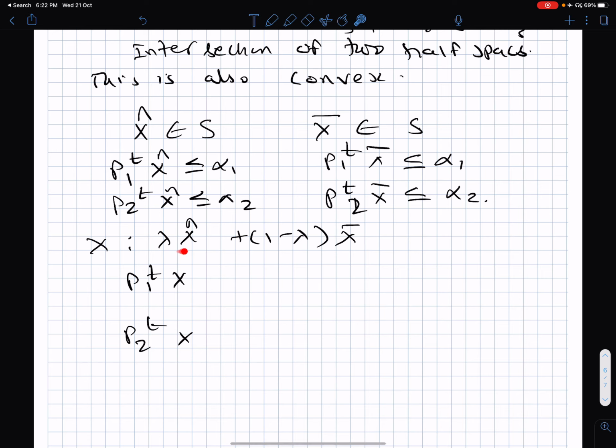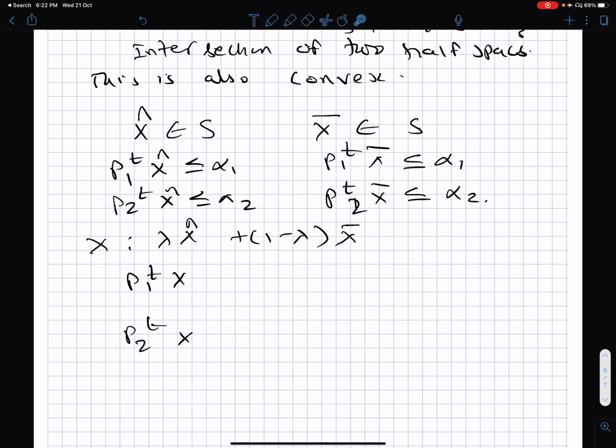Lambda times P1 transpose x hat, but P1 transpose x hat is less than or equal to alpha 1, plus 1 minus lambda times P1 transpose x bar, but P1 transpose x bar is also less than or equal to alpha 1.